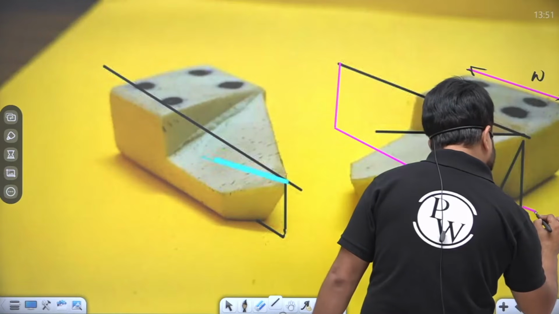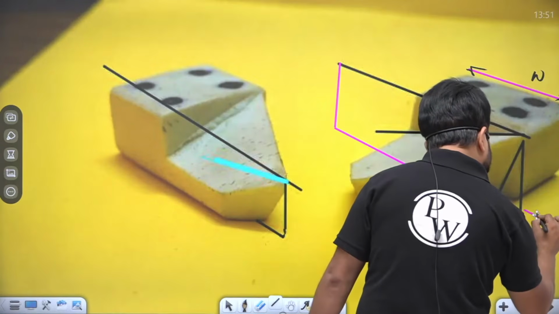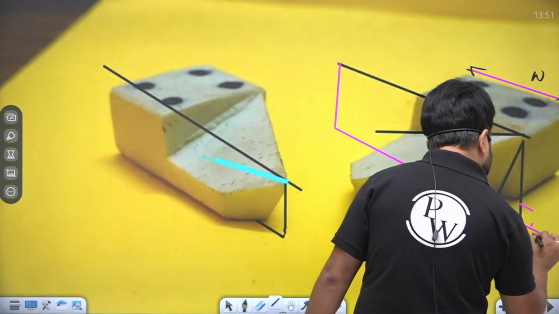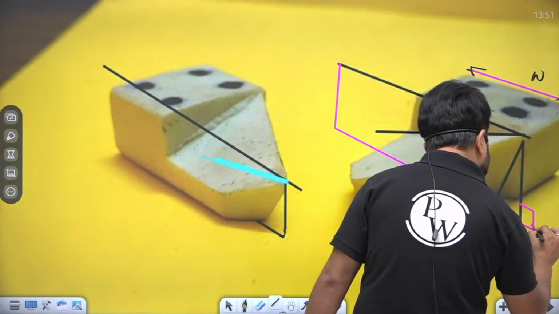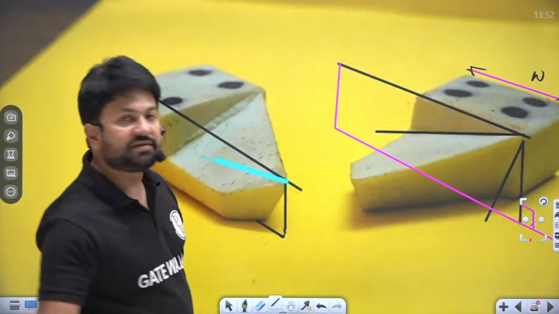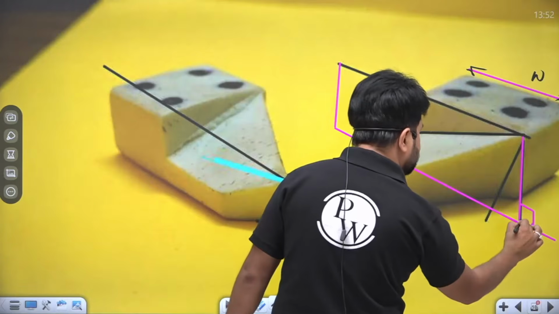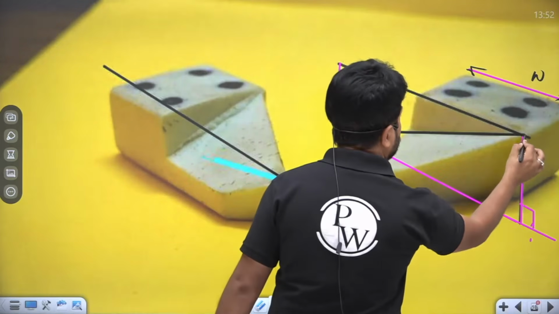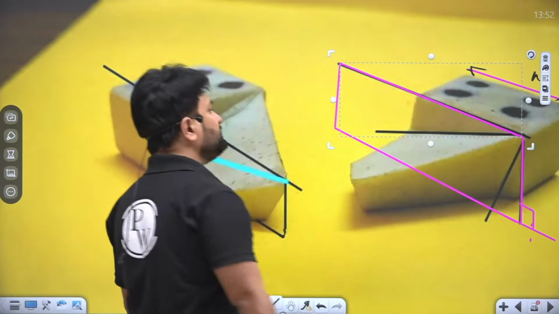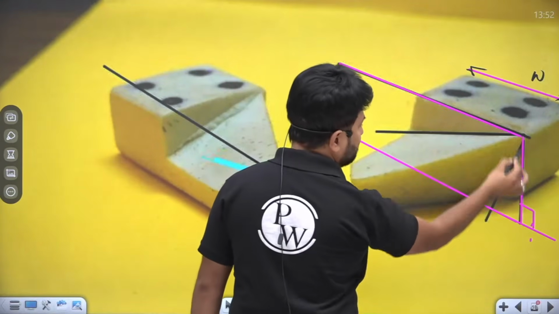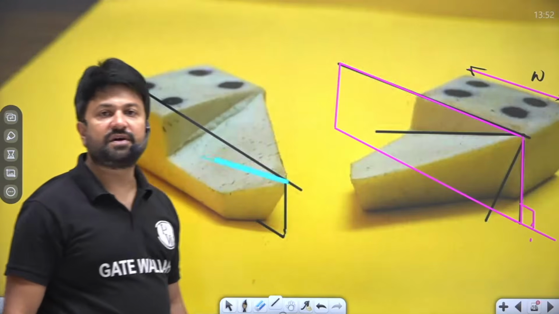So this is perpendicular to the base. Here, please see, this is a complete plane. I am talking about this plane. That plane is parallel to the width of the tool and perpendicular to the base of the tool.